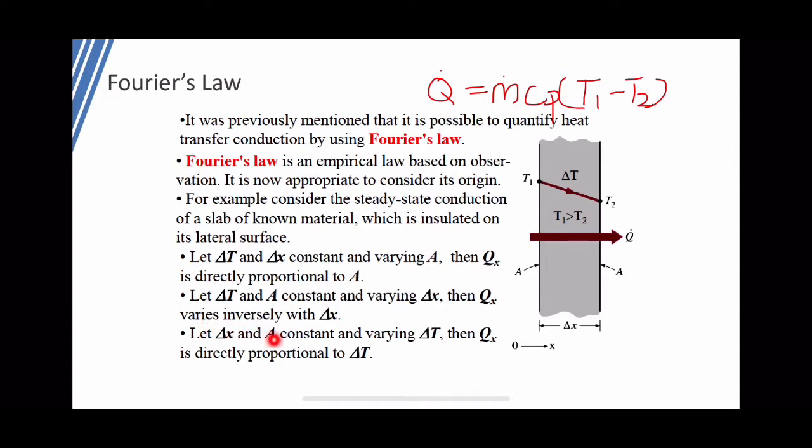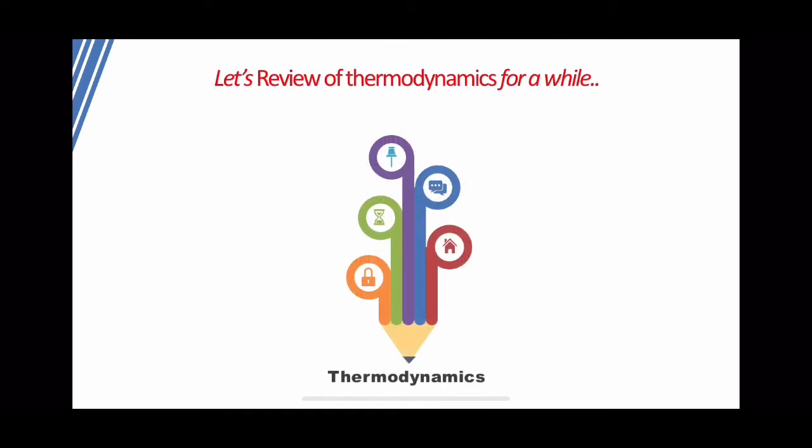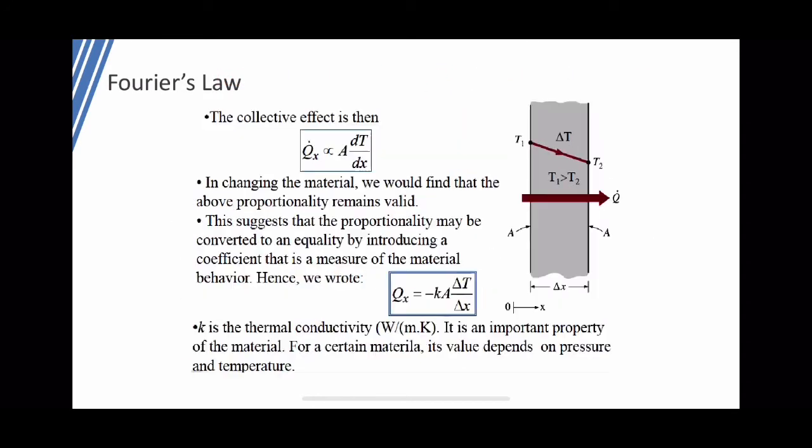If delta X and A are constant and delta T is varied, then Qx will be directly proportional to delta T. If temperature increases or decreases, then Qx is directly proportional to delta T. So that is Fourier's law.